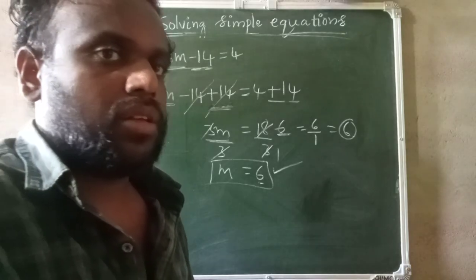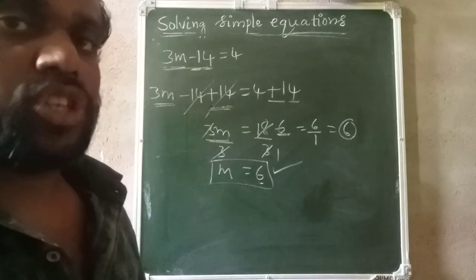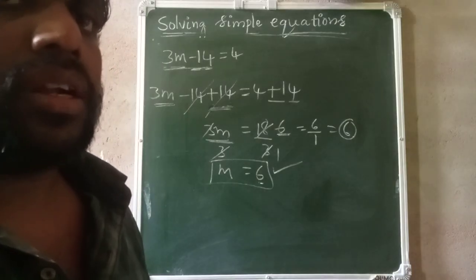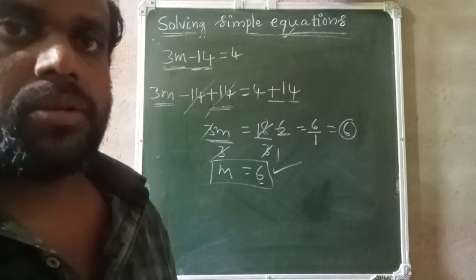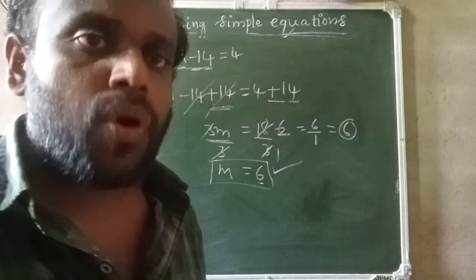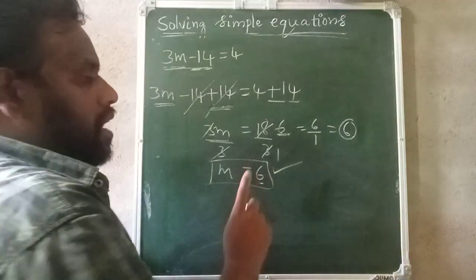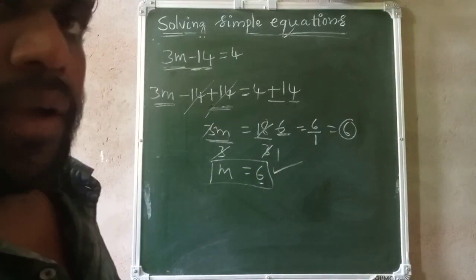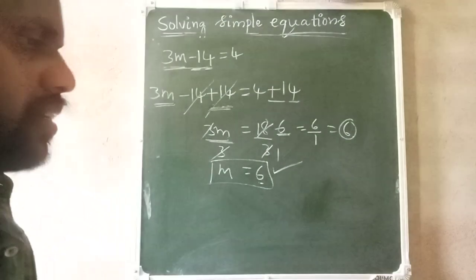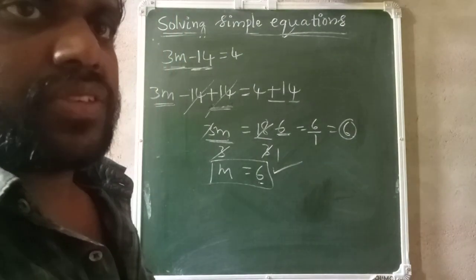That's all. If they ask whether to check this answer is correct or not, that time you have to check. Or personally, if you want to know whether this answer is correct or not, then follow these steps. Now I will show. It is similar to what we have done for previous 2 equations. Okay.